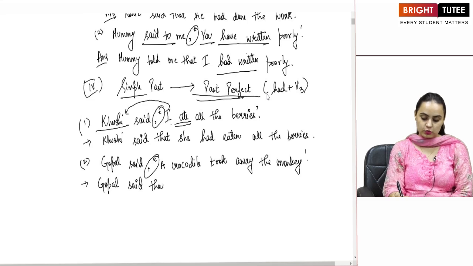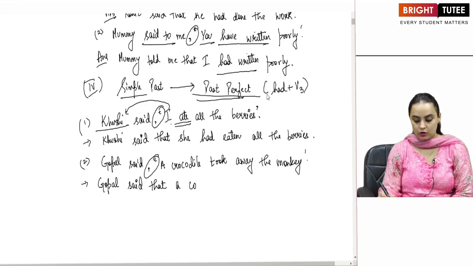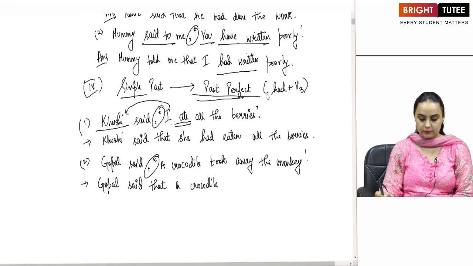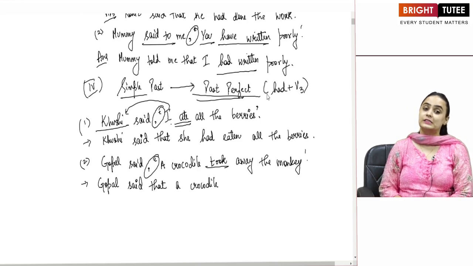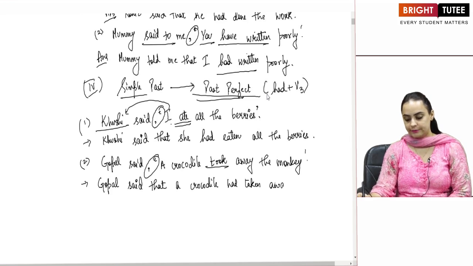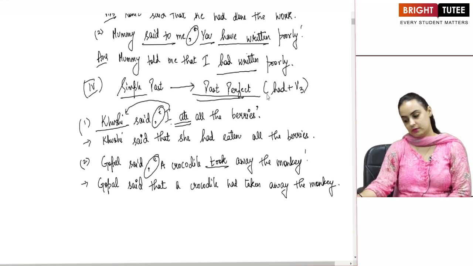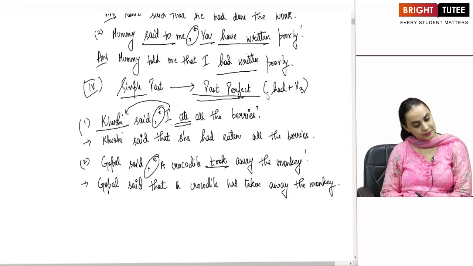Comma changed to that. So what did Gopal say? That a crocodile took is simple past. It changes to past perfect. So took changes to had taken away the monkey. So Gopal said that a crocodile had taken away the monkey.